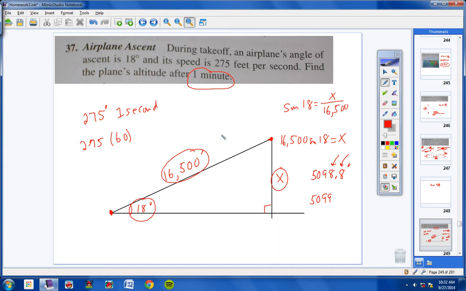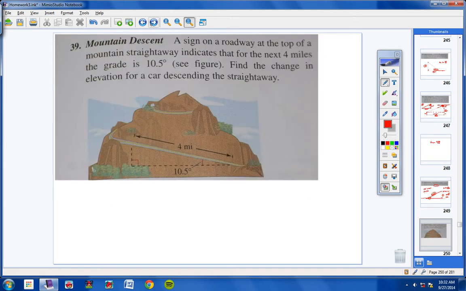Okay, let me get a drink here. And moving on. I hope this has made sense, students. Again, airplane started here. Here's the runway. It was going down this way. It takes off at an ascent of 18 degrees. It traveled this far. Find the altitude after 1 minute. All right, moving on to number 39.